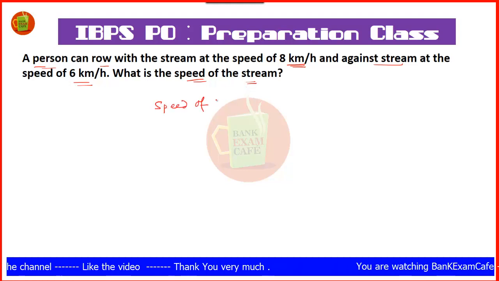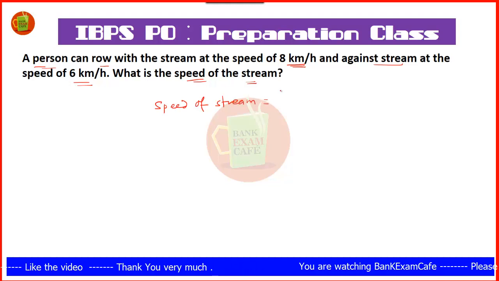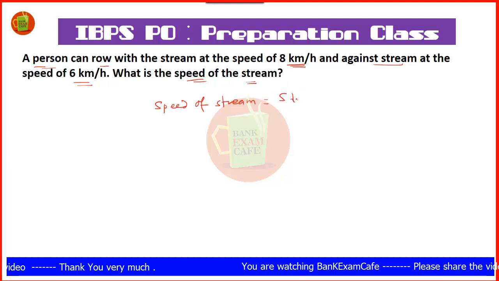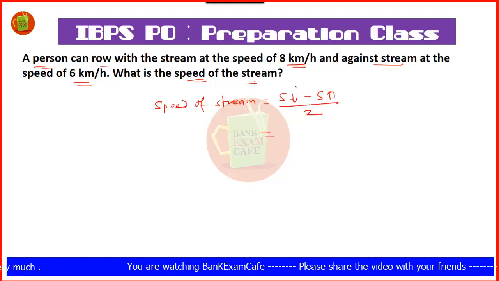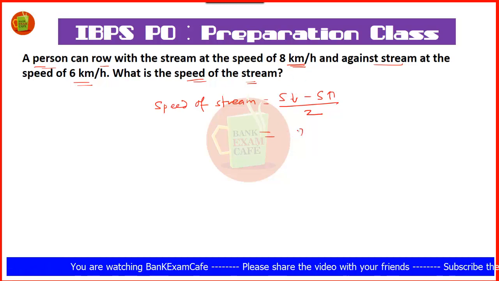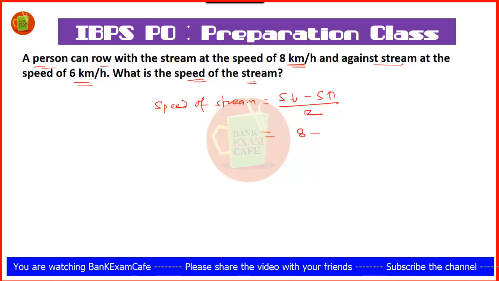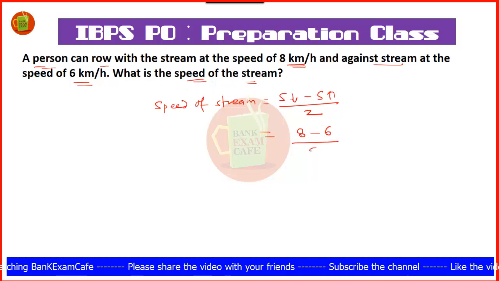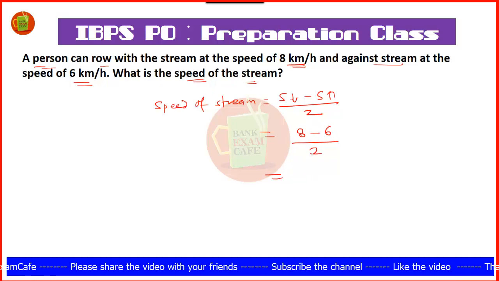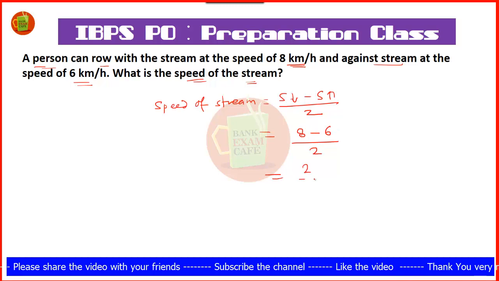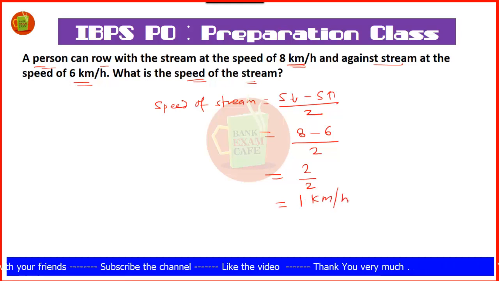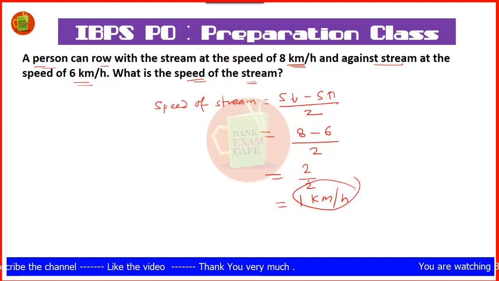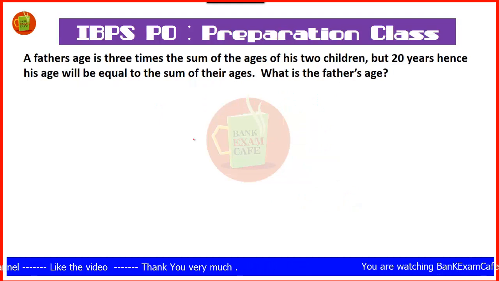So the speed of the stream will be equal to speed downstream minus speed upstream divided by 2. Speed downstream is 8 km per hour and speed upstream is 6 km per hour, divided by 2. So 8 minus 6 is 2 upon 2, which is equal to 1 km per hour, and therefore the speed of the stream is 1 km per hour.